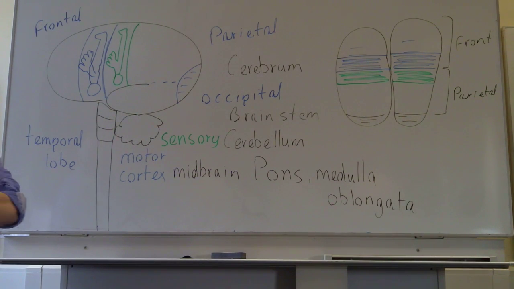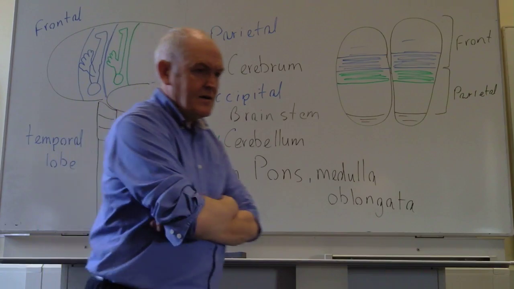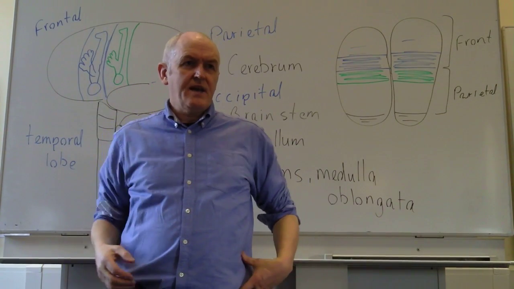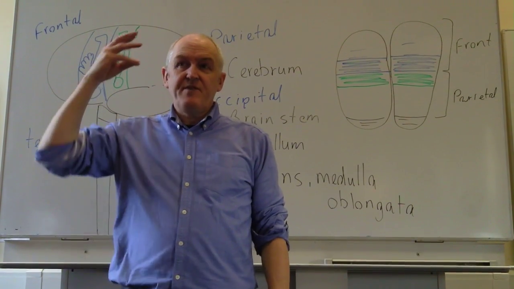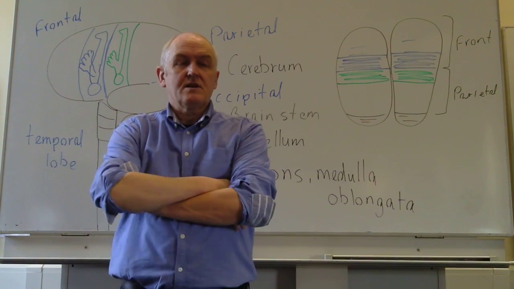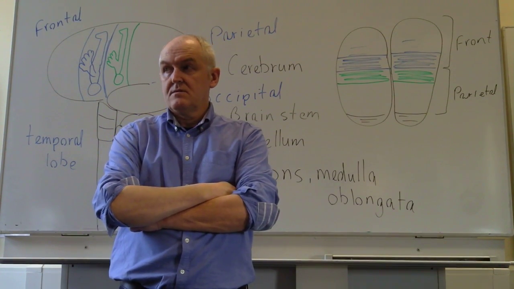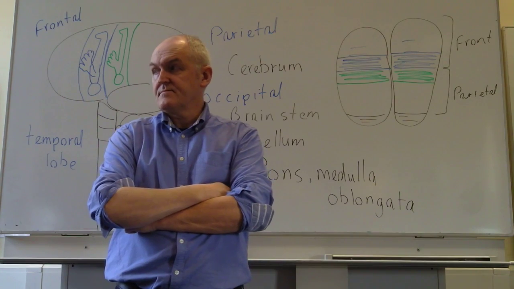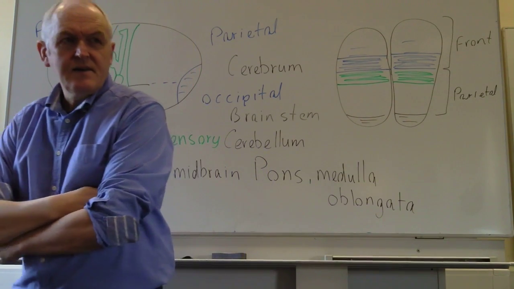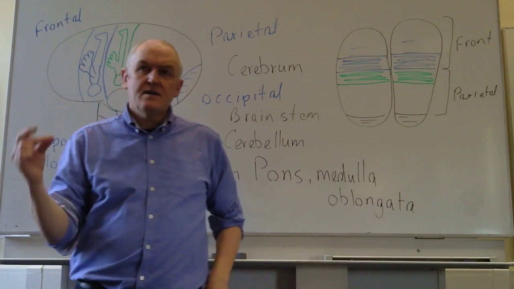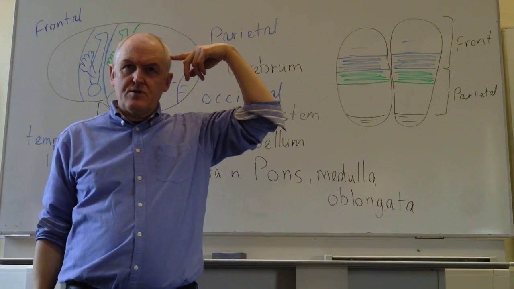And everything you're feeling on the left, from the left side of your body, you're actually feeling in your right sensory cortex. Strange, isn't it? And the right side of the body is moved from the left motor cortex.